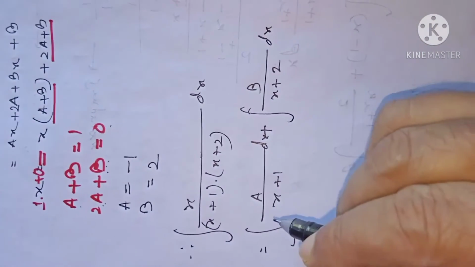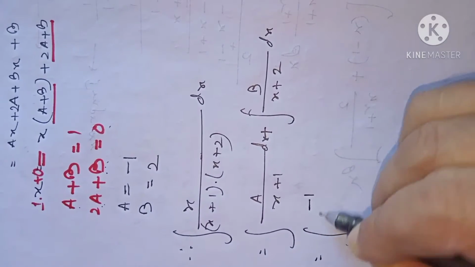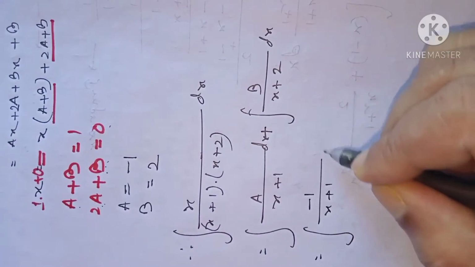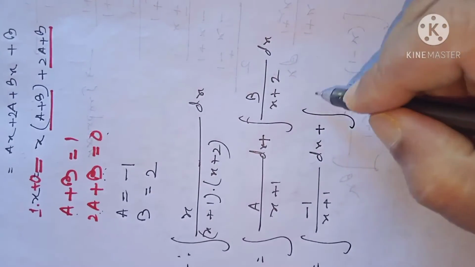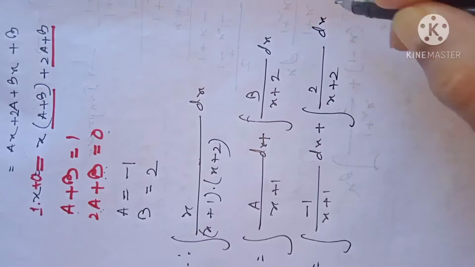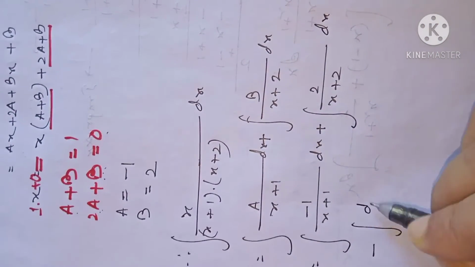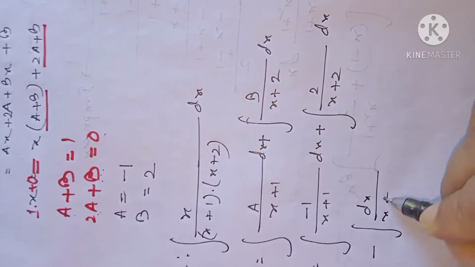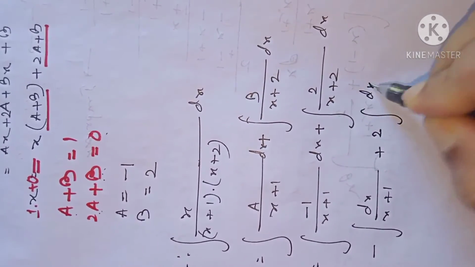So a is minus 1, so the integration of minus 1 by x plus 1 dx plus the integration of 2 by x plus 2 dx. So this will give us minus the integration of dx by x plus 1 plus 2 into the integration of dx by x plus 2.